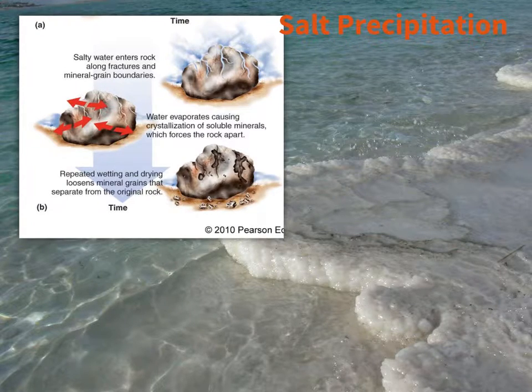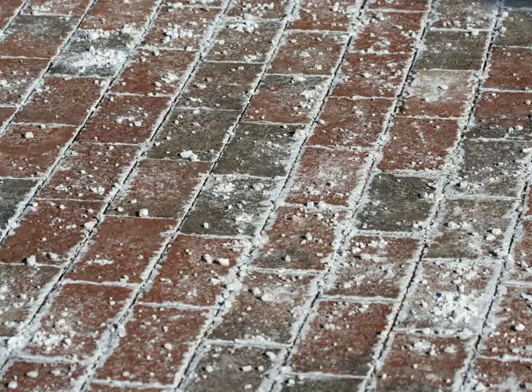In some environments, salts are a problem. So many salts, as they crystallize, also expand. And so they can do the same thing that the ice does during the freezing and thawing. So there's salt encrusted around bricks.